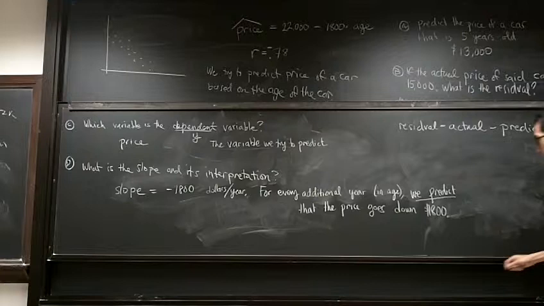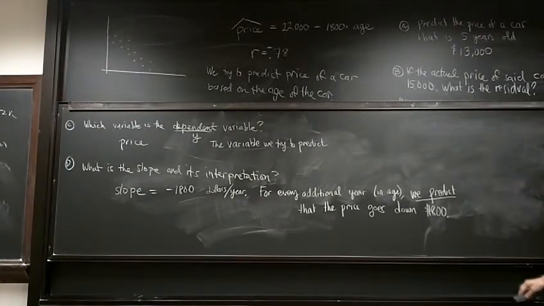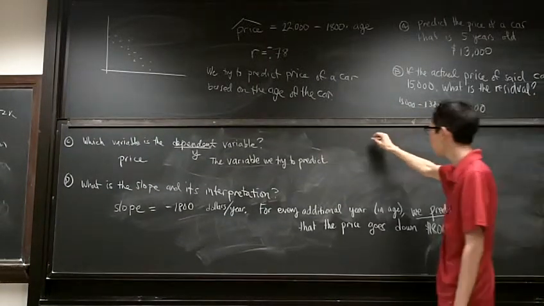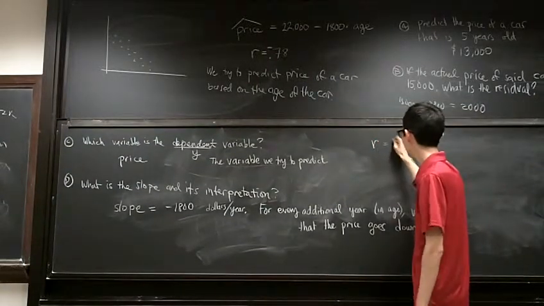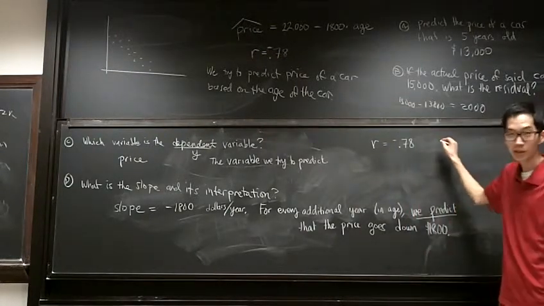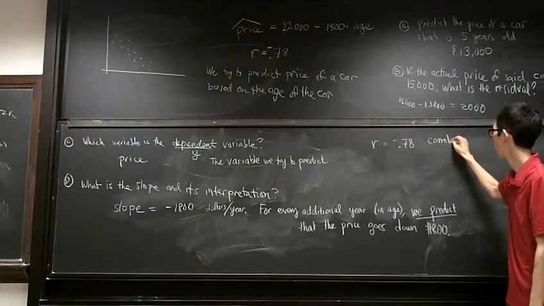There's one thing I didn't mention or talk about last class, and that is R squared. If you take that value, R is negative 0.78. What do we call this? Correlation. This is correlation.